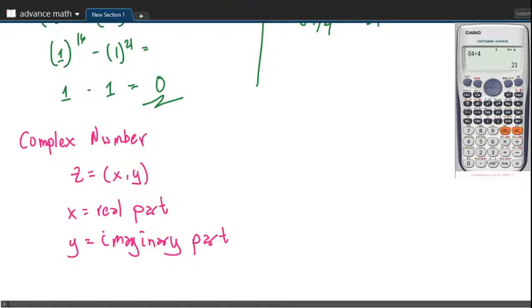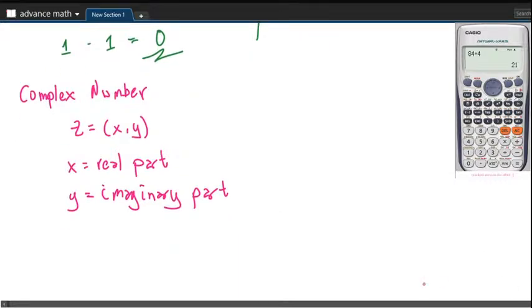If we are going to denote our complex number in one of its forms, which is the rectangular form, the rectangular form is z is equal to x plus jy. j is another notation for i.